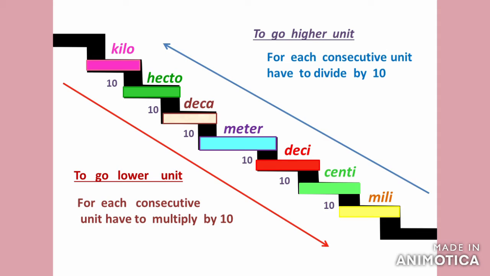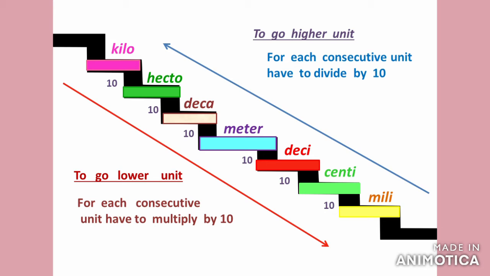First we will multiply 8 decameters by 10. Then it will be converted into meters, which means 80 meters. Again, to convert 80 meters into decimeters, the next lower step, we have to multiply by 10 again. That means it will be 800 decimeters. And then to go to centimeters, again we multiply by 10. That means it gives us 8000 centimeters.